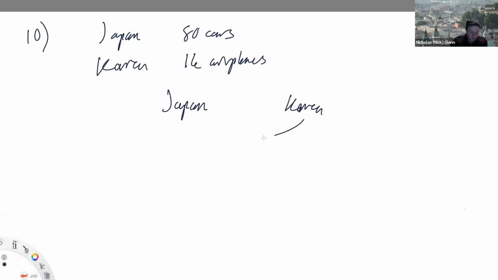Well, Korea is going to trade 10 cars to Japan, and Japan is going to trade 3. Oh, man, I got that backwards. Sorry. Japan's producing cars, so they're going to trade away 10 cars to Korea in exchange for 3 airplanes.